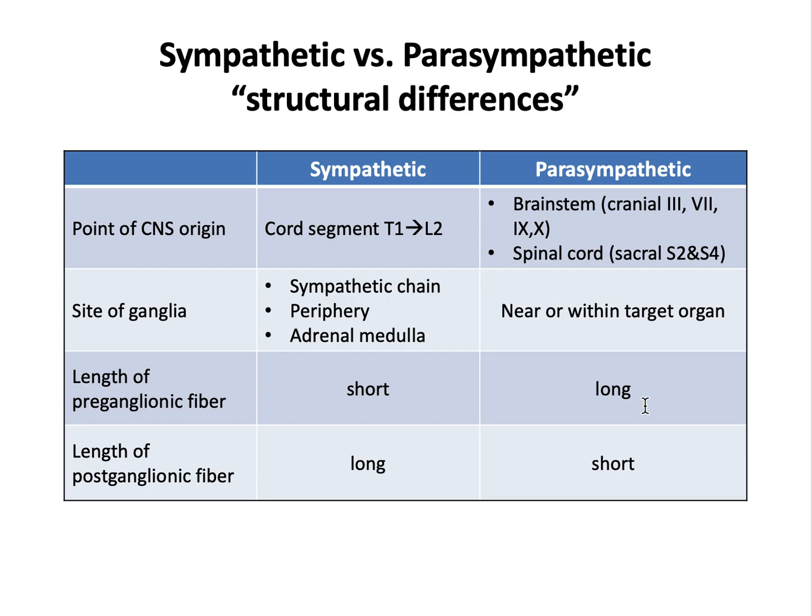In the parasympathetic nervous system, the preganglionic fibers are relatively long because they go all the way to those ganglia, which are located closer to the tissues themselves. And then the postganglionic fibers go from the ganglion to the tissues, but the ganglion is already near the tissue, so those postganglionic fibers are relatively short. So those are just some structural differences.